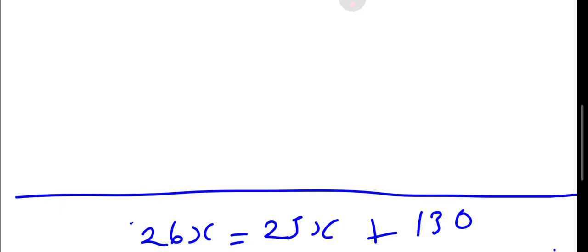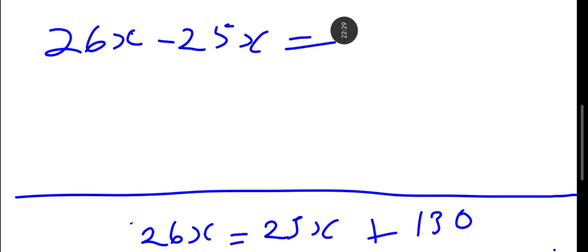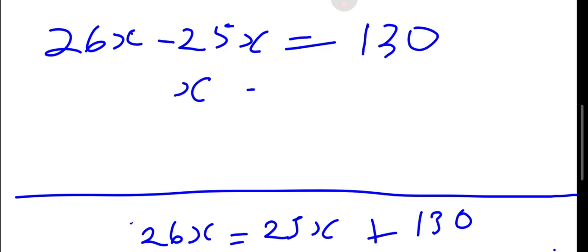So we are going to group like terms. So make sure all values of x are on one side, preferably the left. You can put it on the right, but by convention we always put it on the left. So 26x here. So you move 25x to the left side, so it becomes negative 25x, and then equal to 130. So 26x minus 25x will give us what? x. So x is equal to what? 130. And that becomes our answer.